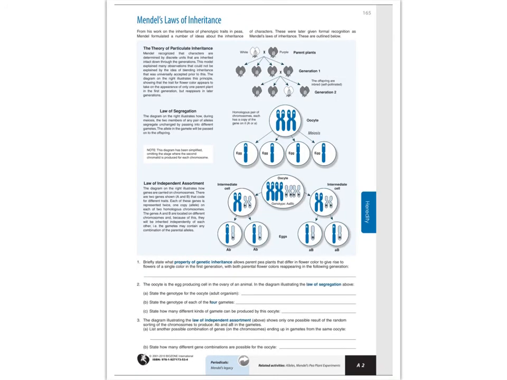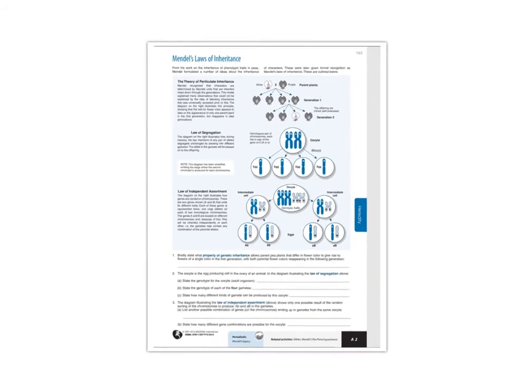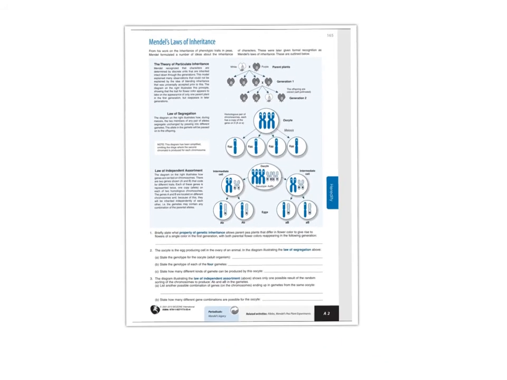So Mendel's laws of inheritance, he came up with these observations, and laws are just basically what we see. We call them Mendel's laws because Mendel was one of the first people to really describe it, but a law is just a pattern that we see in nature. And so here you see parents, generation, oocyte, there's meiosis, there's the eggs.